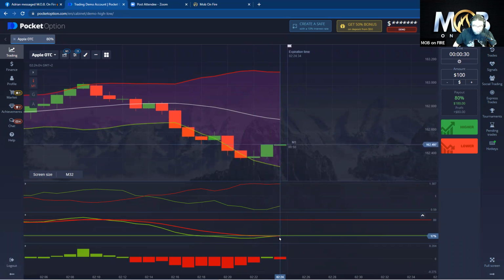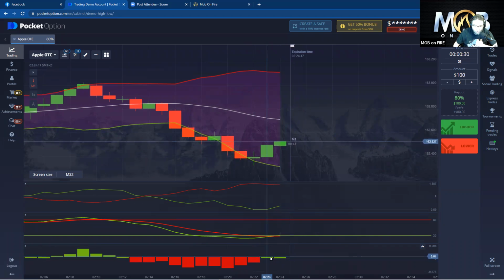You can see they're intermingling a little bit more. And you see that the green line on the vortex started pointing upwards, even though the red is flat. You're starting to see some of the volume from the buyers coming in on the momentum over here at the bottom.